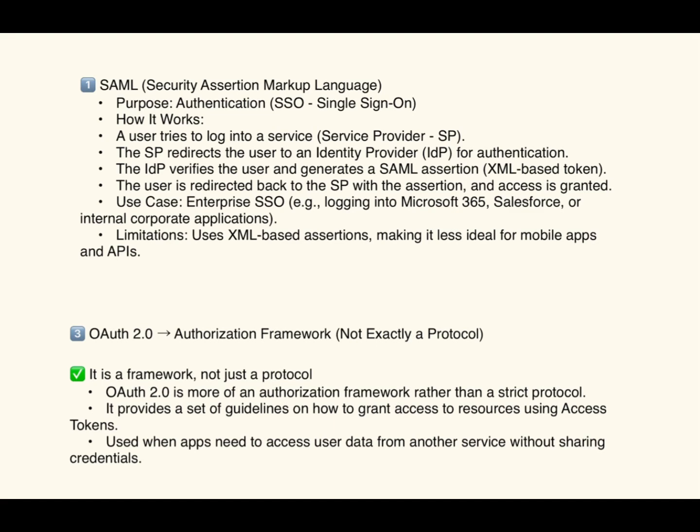And another term which you see here is IDP. That means the SP, the service provider, will redirect the user to an identity provider for authentication purposes. So the service provider will ask the IDP to authenticate that user, whether that user is a legitimate user.